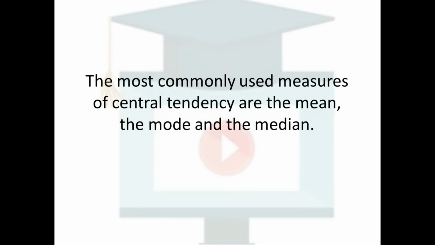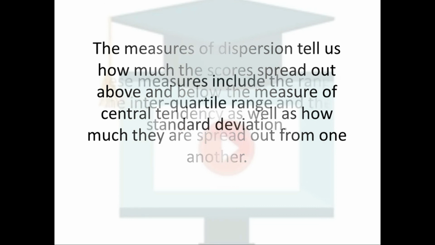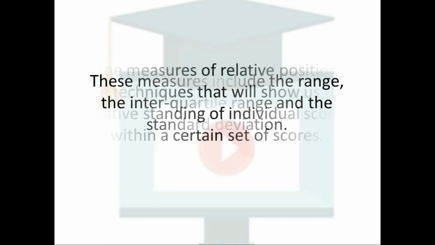The most commonly used measures of central tendency are the mean, the mode, and the median. The measures of dispersion tell us how much the scores spread out above and below the measure of central tendency, as well as how much they are spread out from one another. These measures include the range, the interquartile range, and the standard deviation.